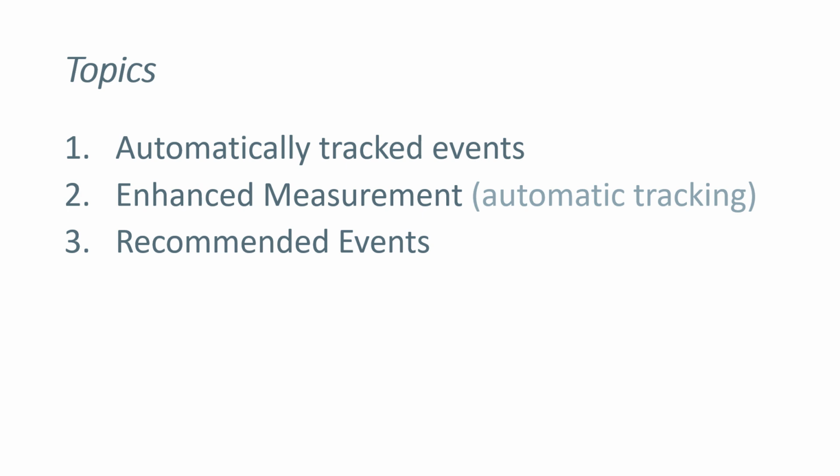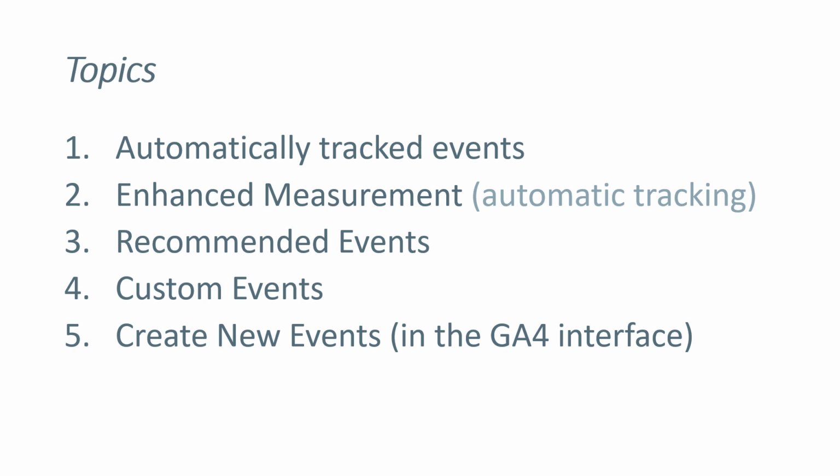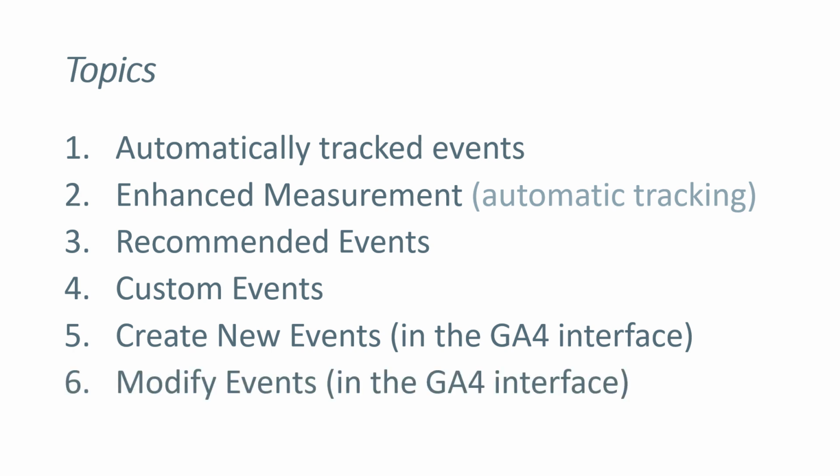If you have some event in mind and that one is not mentioned among recommended events, then you can send them as custom events. And then this video will end with creating new events directly from the interface of GA4 and how to modify your incoming events, because sometimes events might contain certain errors, and the fastest way for you to do that might be using the modify events feature.